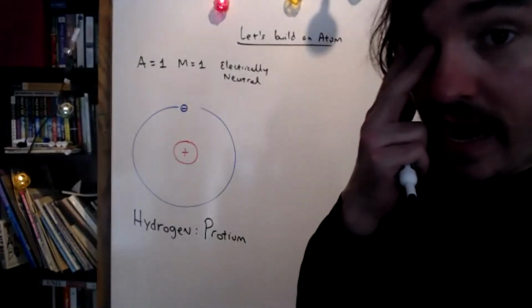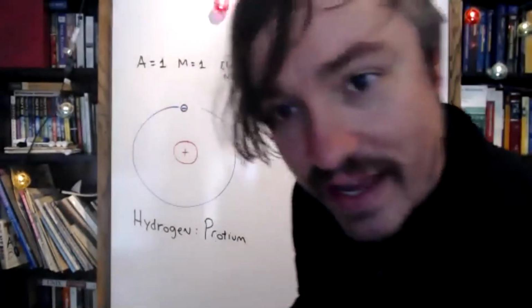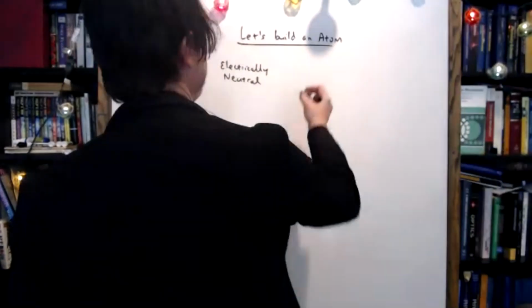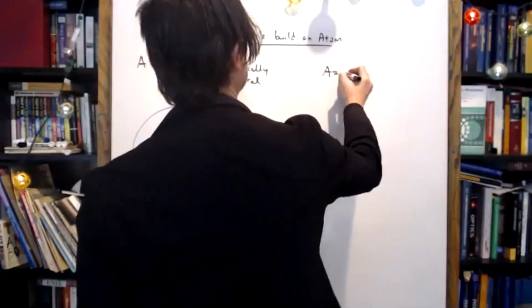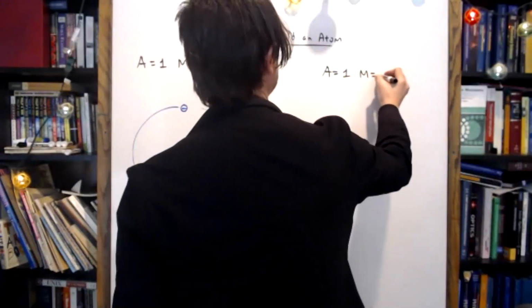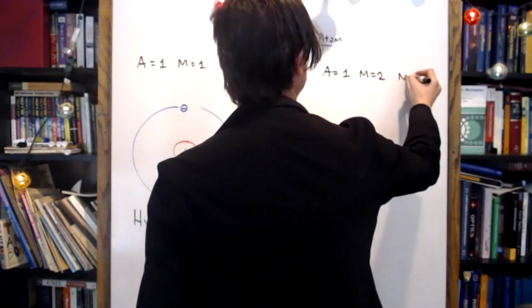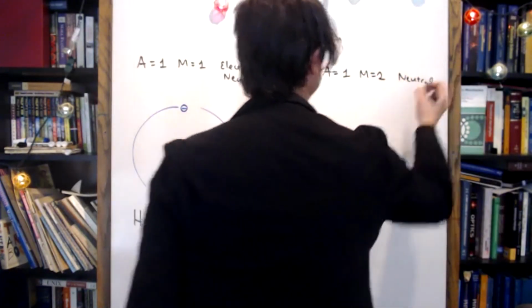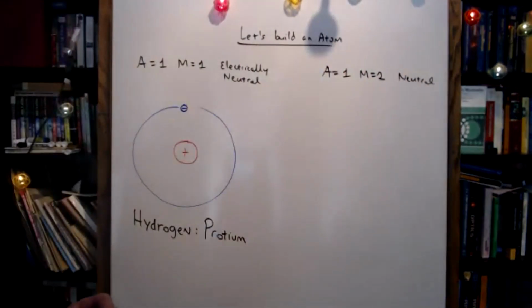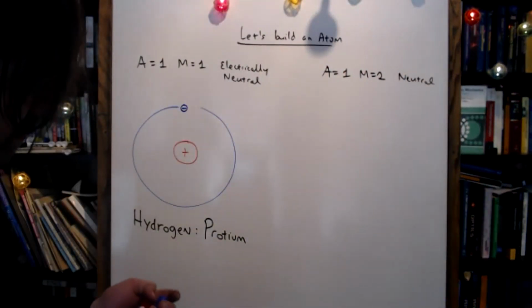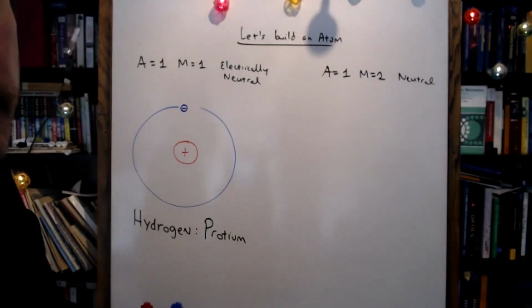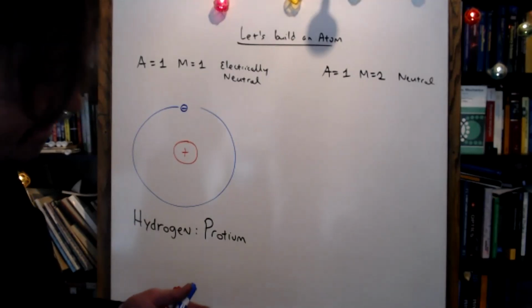Okay. Caroline, you're the next contestant on Let's Build an Atom. This atom has an atomic number of 1. This atom has a mass number of 2, and it's electrically neutral. What does my atom look like, Caroline? There's one proton. Correct.